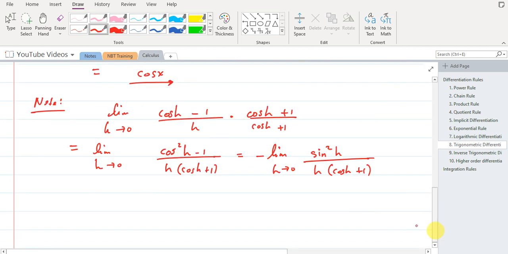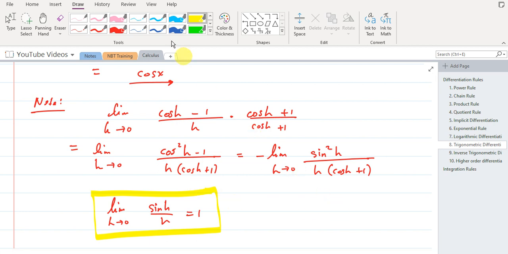Right, so now we're going to break this up, because we know that limit as h approaches 0 of sine h over h is equal to 1. We know this result, so we can apply it here. So let me break this up and simplify.